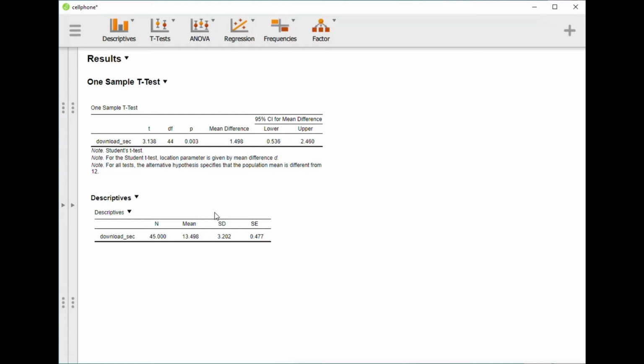So she got the average speed of 13.5, but it varies on average plus or minus about 3. So maybe like 10.5 to 16.5, right? So something around there would encompass our one standard deviation, which is about 2/3 of our data. Now, the confidence interval is telling us something a bit different here.